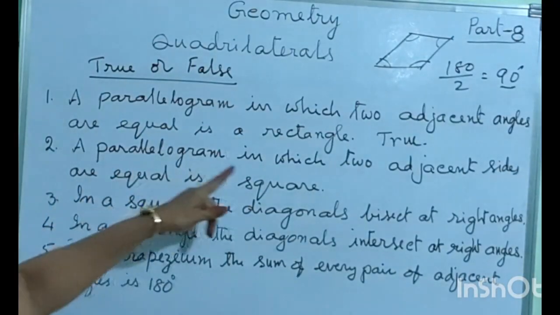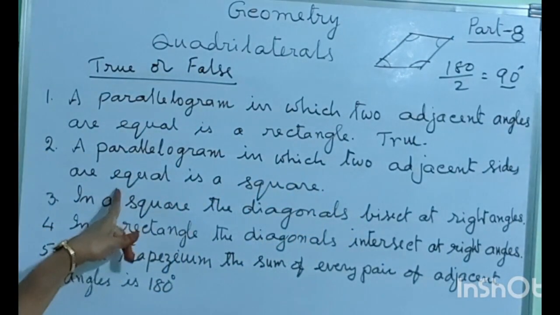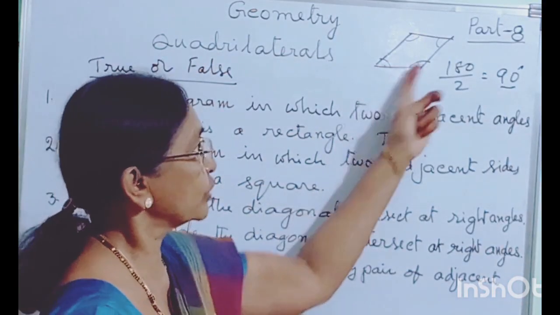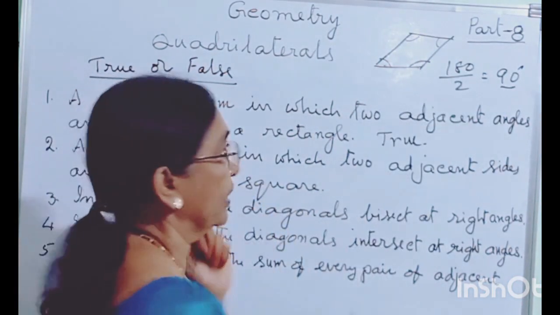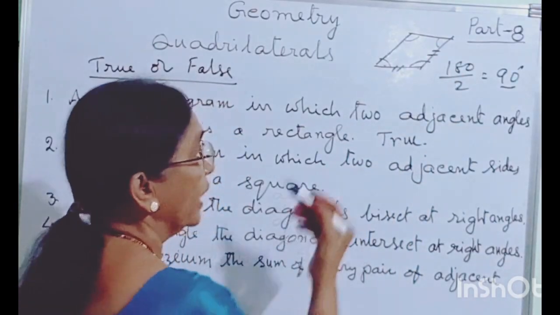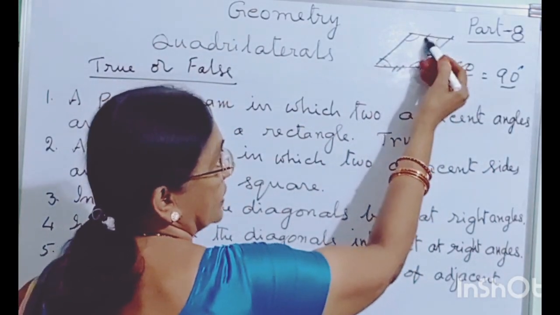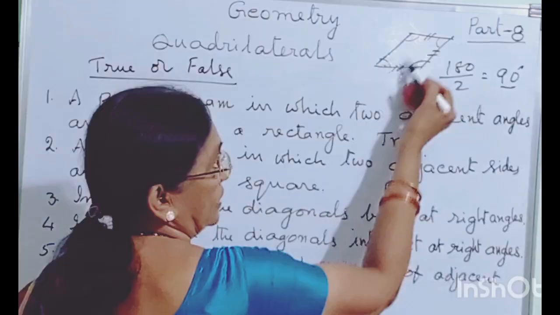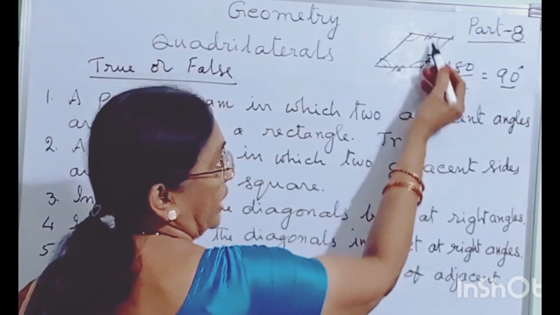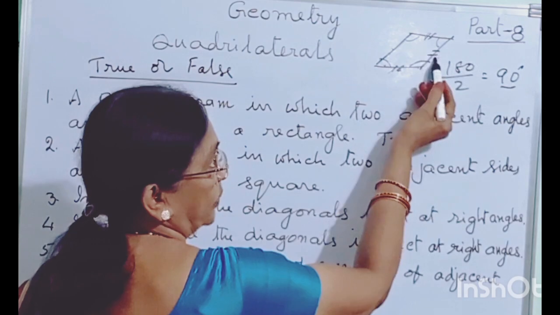Next, a parallelogram in which two adjacent sides are equal is a square. A parallelogram in which two adjacent sides are equal, that is, if this side is equal to this side, then in a parallelogram the opposite sides are equal. Therefore, this is equal to this. As the adjacent sides are equal, the three are equal, and this is the opposite to this.